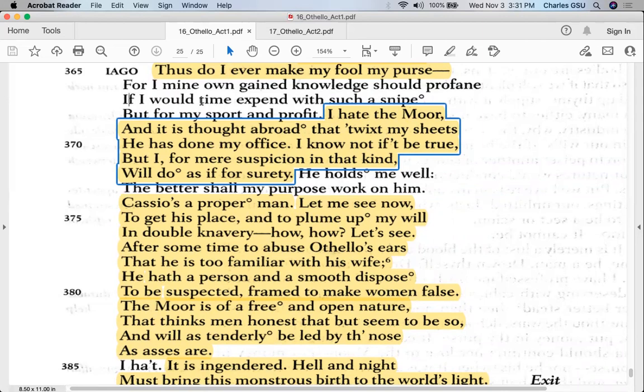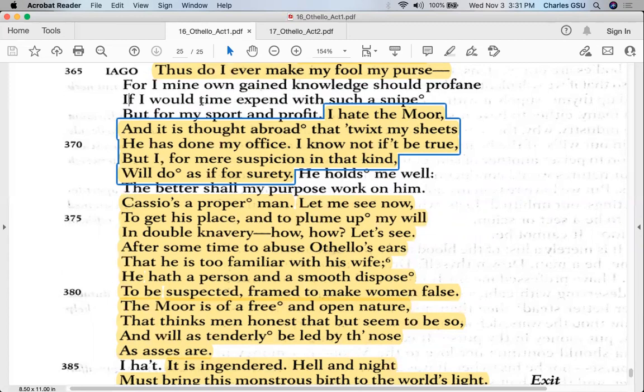And here's what we call the second reason for his anger and plot against Othello. The first reason I already mentioned to you, which was that Iago has been passed over for promotion and Cassio has been made lieutenant instead of Iago.